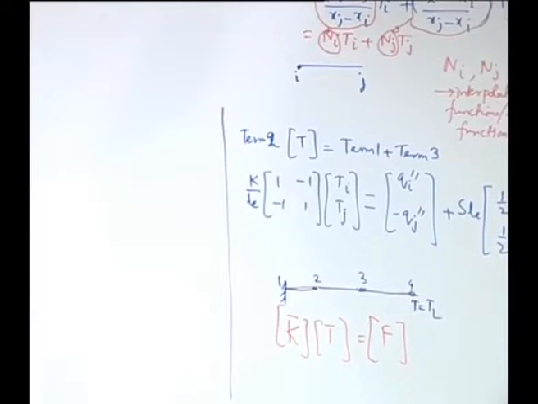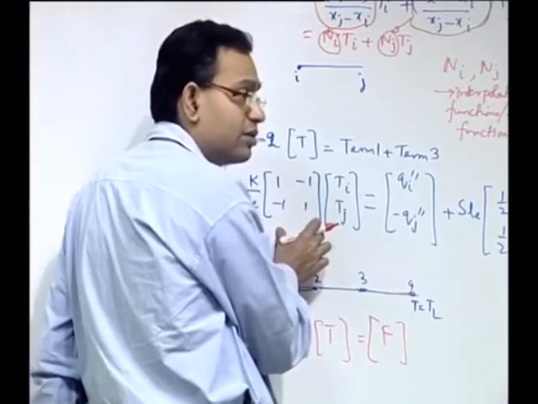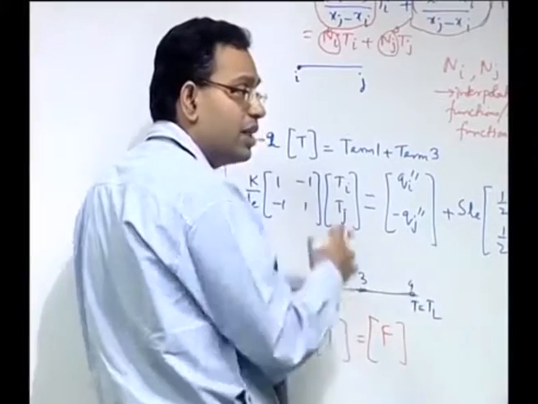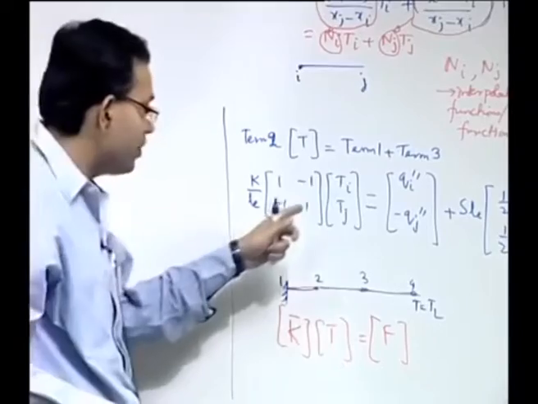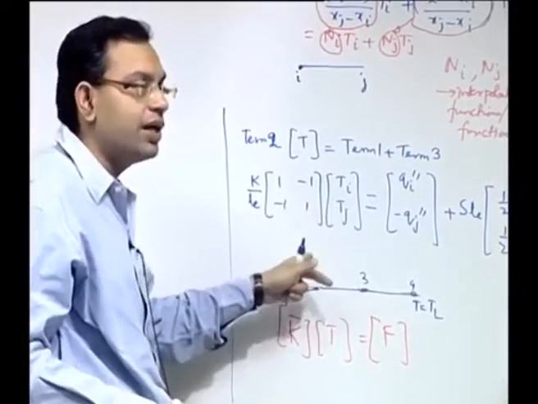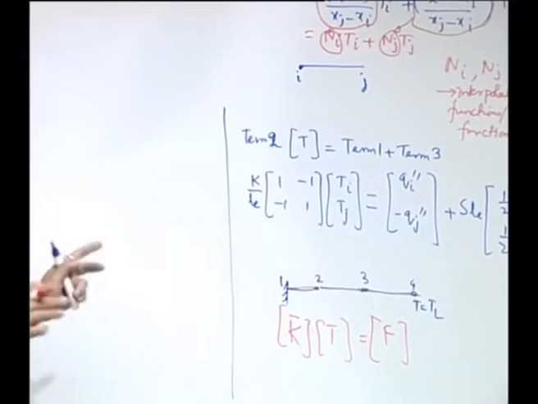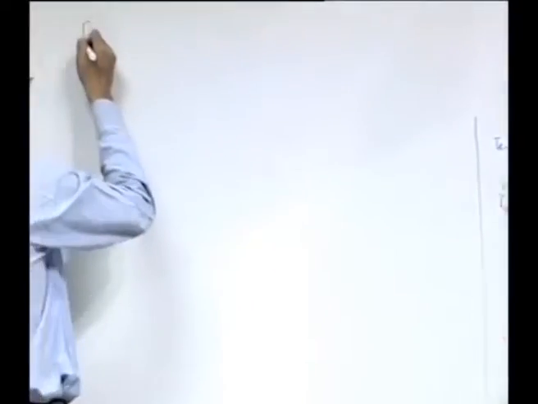Now, if we need to assemble, and we get a 2 by 2 equation for each element, then when it is summed up over all the elements, what will be the size of the total matrix that we will get? If it is for 2 nodes it is 2 by 2, then for 4 nodes it must be 4 by 4. So, what we can see here is that we will get a square matrix as a coefficient matrix, 4 by 4.